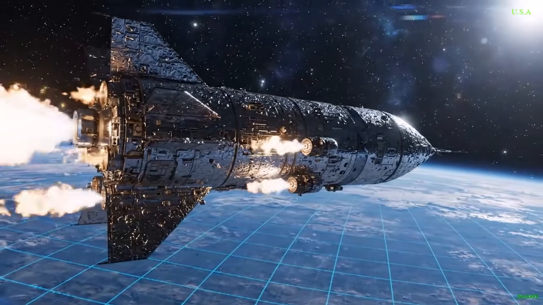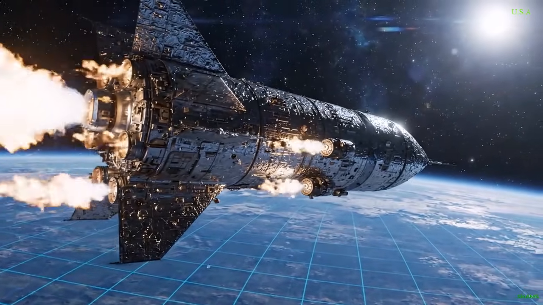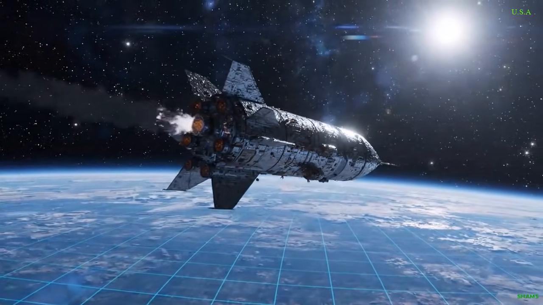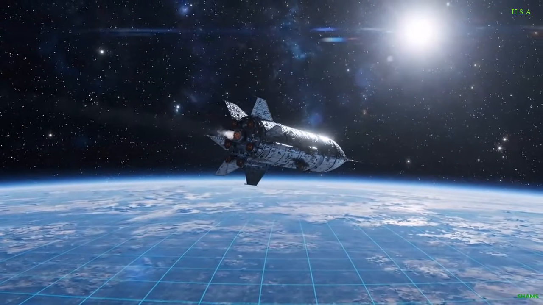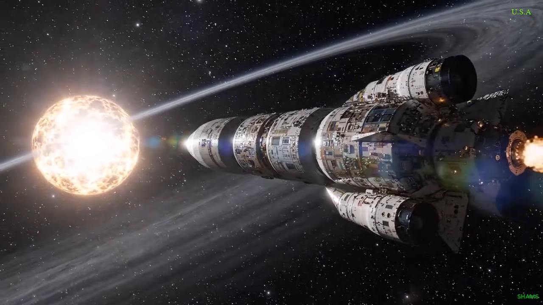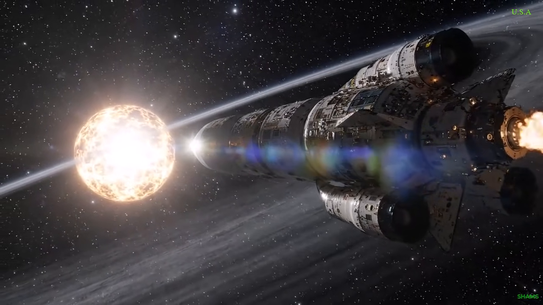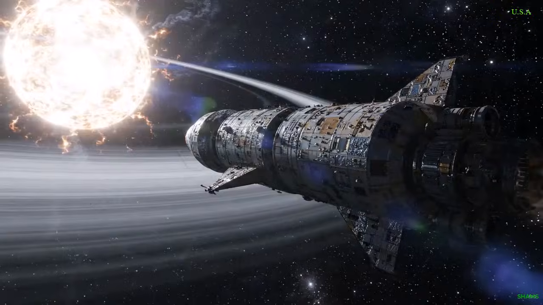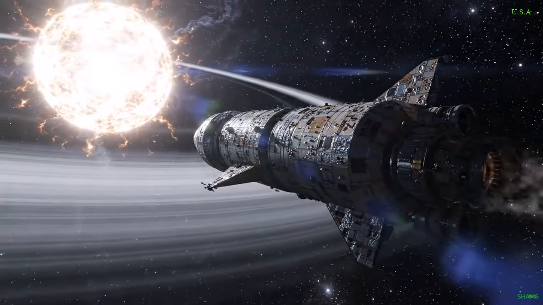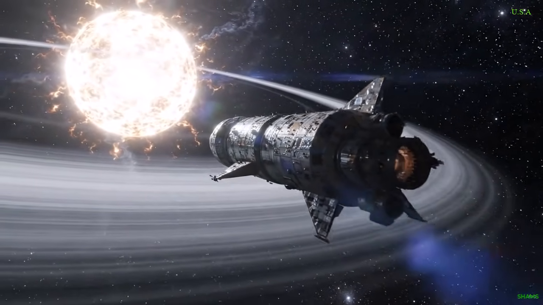If the rocket doesn't cancel that sideways speed, its path simply tilts. The trajectory bends into a wide, highly inclined orbit around the Sun. It continues looping around the Sun, unable to break away into deep space.